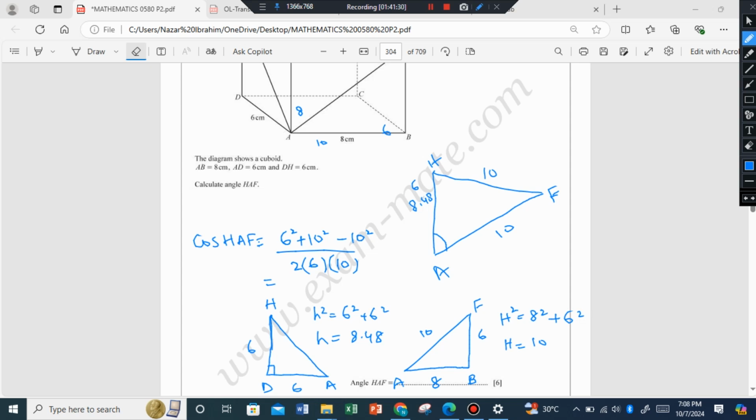Solving this triangle, applying the cosine law, the angle is 64.895, which is approximately equal to 65 degrees, right? So this was the cosine law, which we used to find the angle HAF.